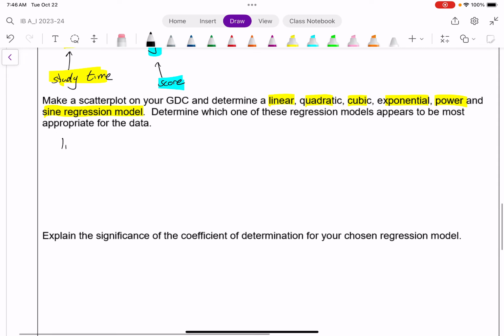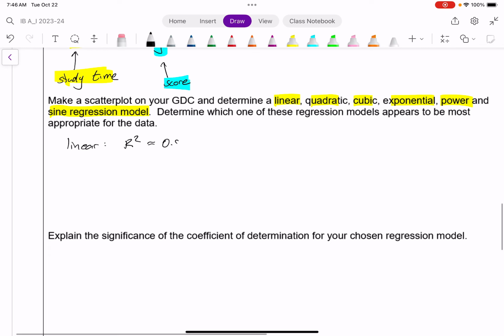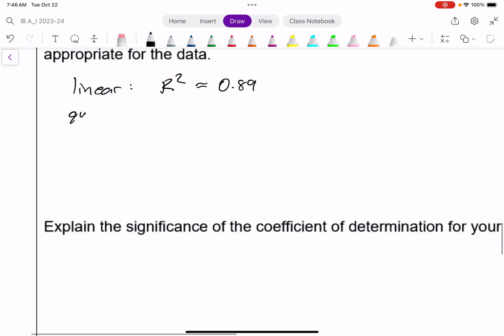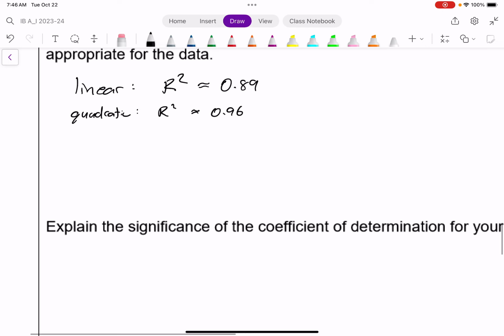So when you come up with a linear model, which again I will show shortly, that R squared value, I'll write these to 2 decimal places, comes to about 0.89. If you do the same thing for the quadratic, R squared is about 0.96. For a cubic function, R squared is also about 0.96.